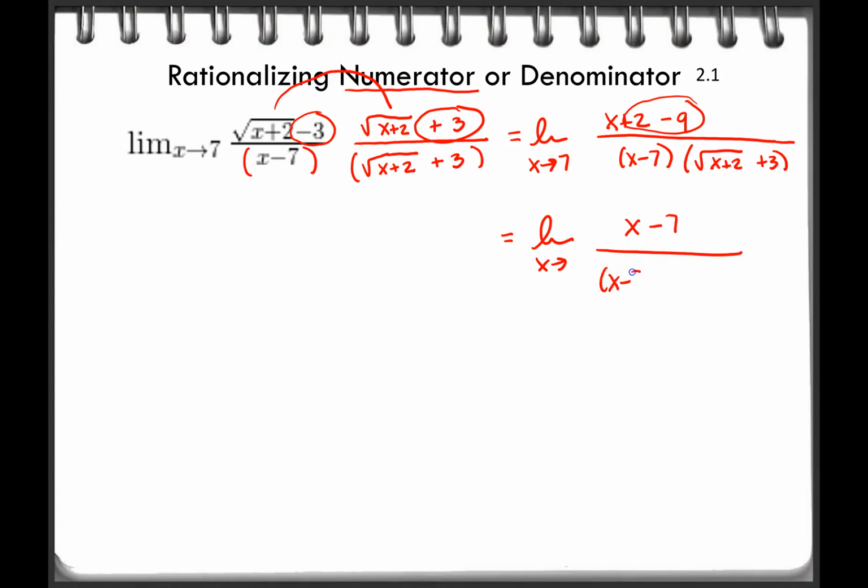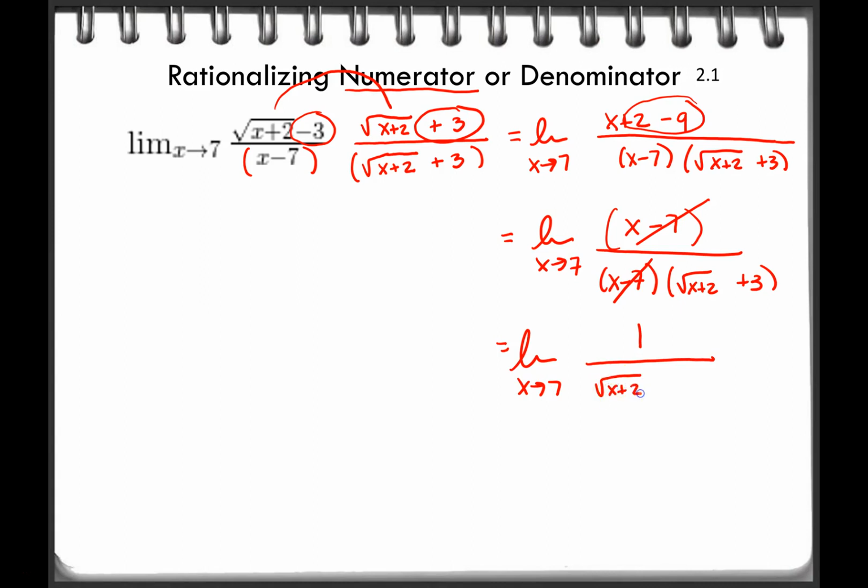So you should get excited now. This always happens in one of these problems. If it doesn't, you should find your mistake. You should say to yourself, oh, the x minus 7's cancel. So now I'm left with the limit as x approaches 7 of 1 over the square root of x plus 2 plus 3.